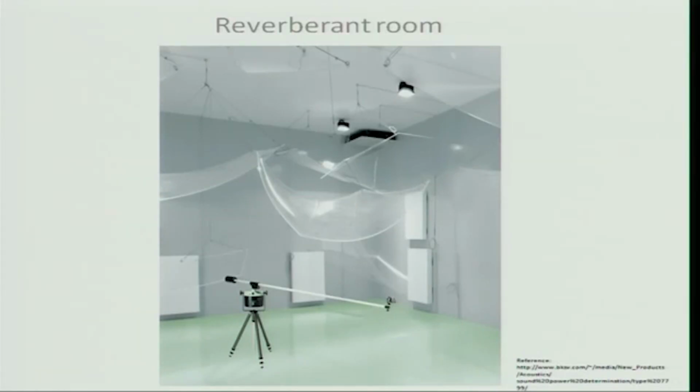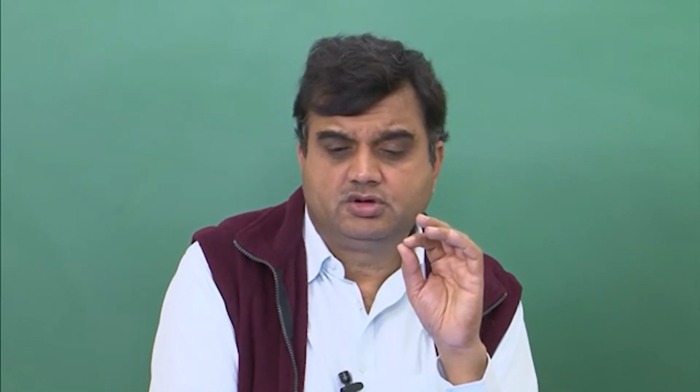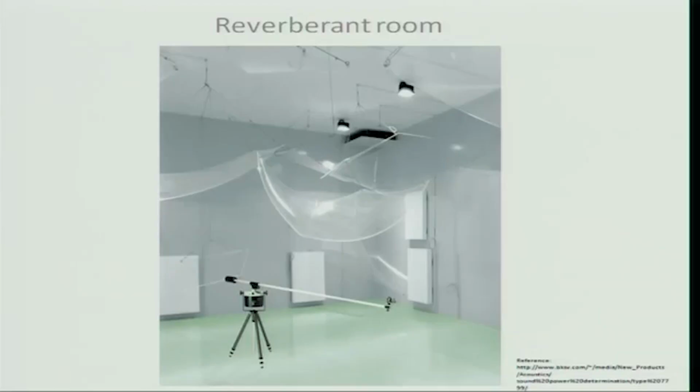You want that if a sound hits the wall, it gets reflected to the maximum possible extent. So in an anechoic chamber, you theoretically have zero reverberant time, and in an ideal reverberant chamber, you would have a very long reverberant time running into several seconds. And this is the picture of a reverberant chamber.